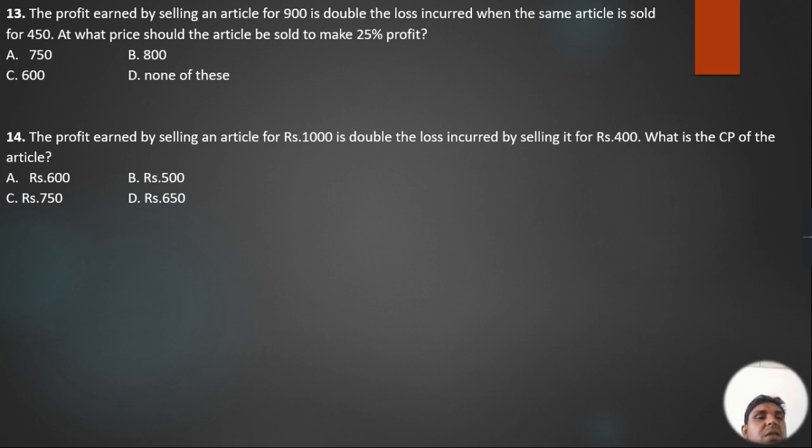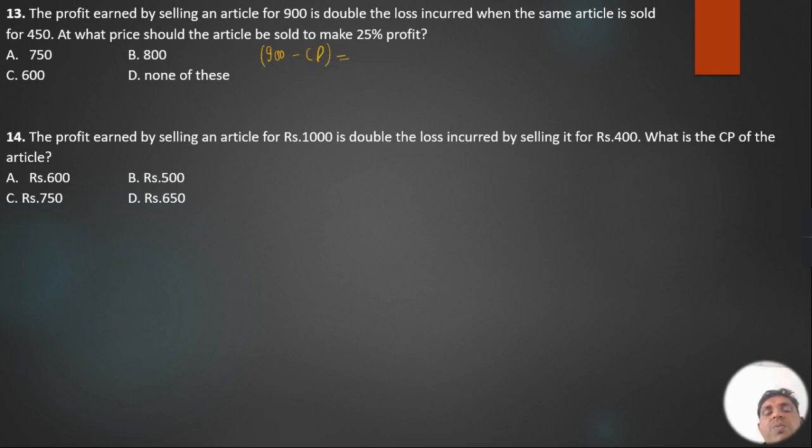Talking about the next question, question number 13: profit earned by selling an article for rupees 900 is double the loss incurred while selling the article for rupees 450. At what price should the article be sold to make 25% profit? So students, selling price in case of profit is given, so we can simply write 900 minus CP.